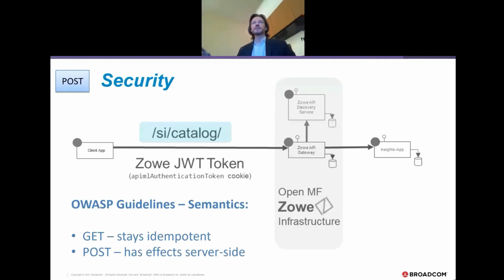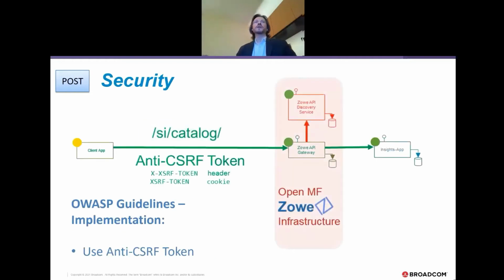POST, however, has server-side effects, and even though they'll never be able from another domain to see returned information, if I can forge a request and get your authentication to pass ahead, I can cause something to happen on the server side. So OWASP guidelines also guide us towards the implementation of using an anti-CSRF token to prevent this.